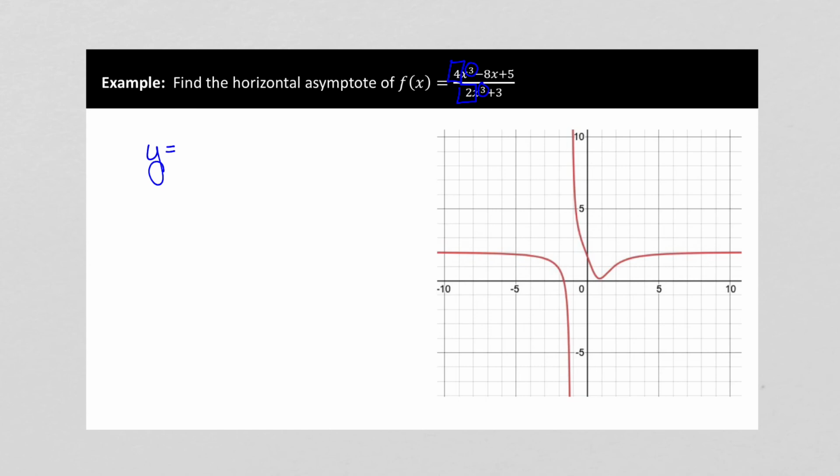Now, the only trick with these is to make sure when you're looking at horizontal asymptotes that your degrees are in order on top and in order on the bottom. Because if not, you're going to pick out the wrong thing. So the horizontal asymptote would be 4 over 2 or y equals 2. And so we can see right here how both sides are getting closer and closer to y equals 2.